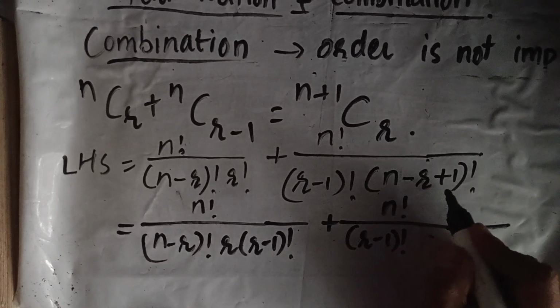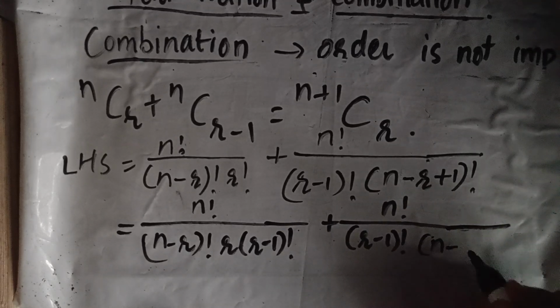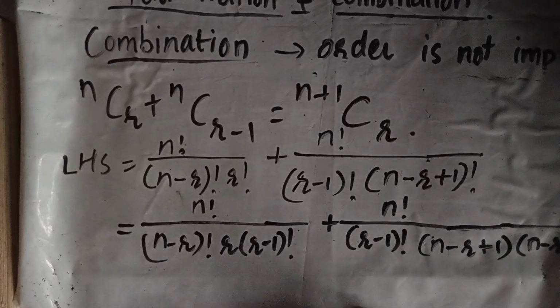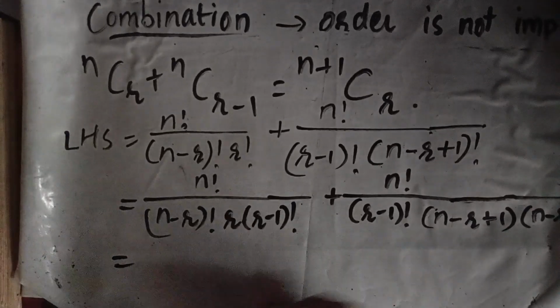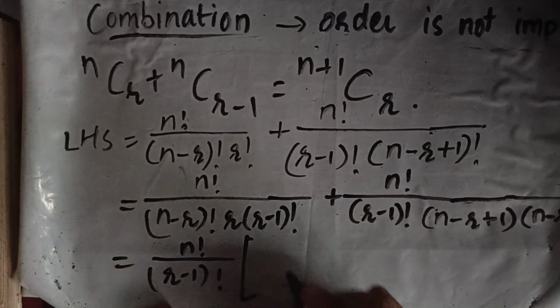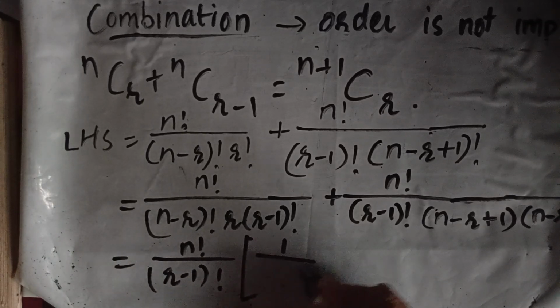This also we can write it as n minus r plus 1 into n minus r factorial.